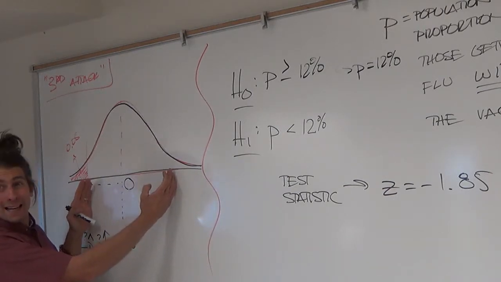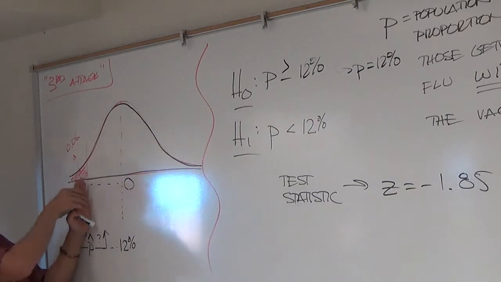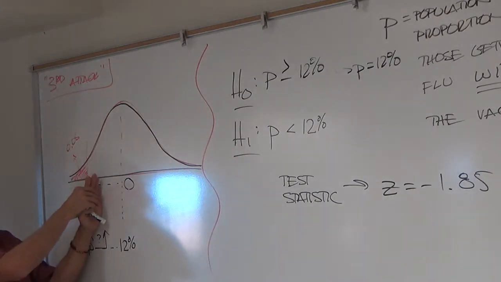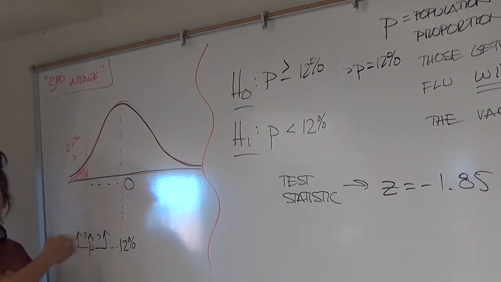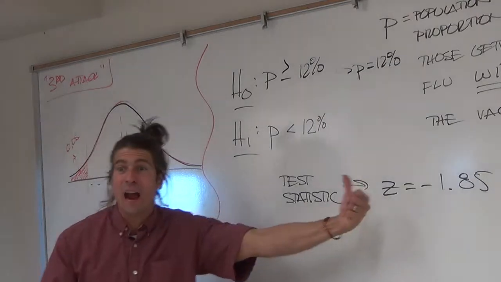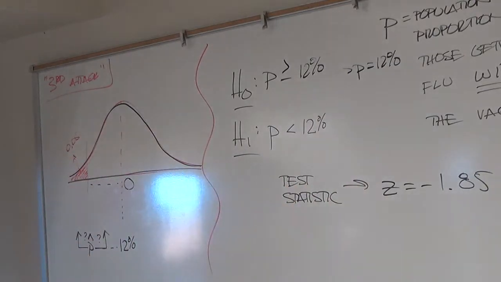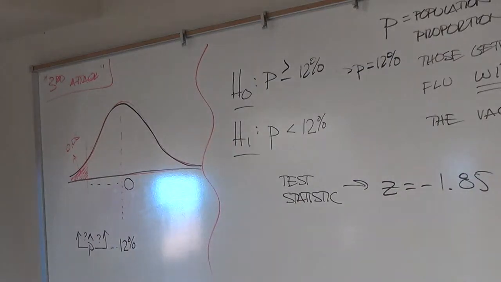But if it's a one-sided interval, you take this area over here and you shove it on this side, which actually pushes this up a bit and makes it not all the way down to negative 2. The question I have is negative 1.85 far enough down? Well, that requires step 3. Let's come back to this.